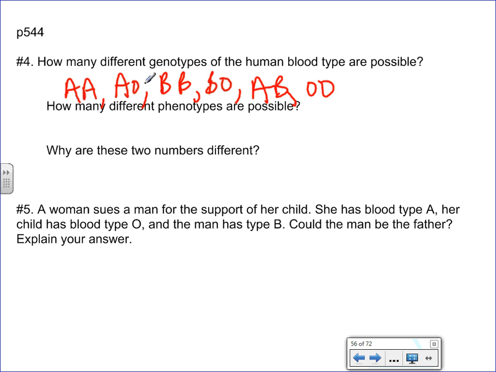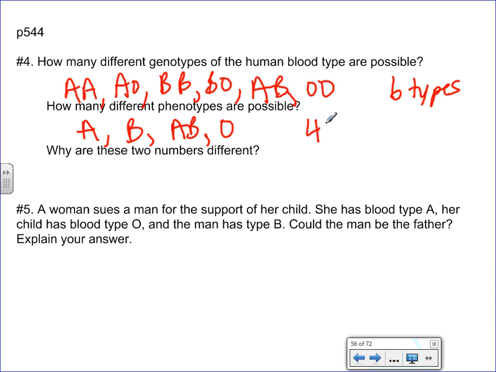So there's 1, 2, 3, 4, 5, 6 types. Okay. How many different phenotypes are possible? So we have type A, we have type B, we have type AB, and we have type O. So there are 4.